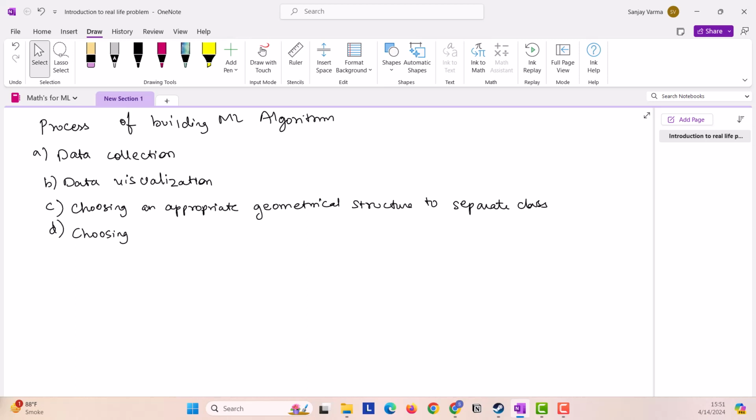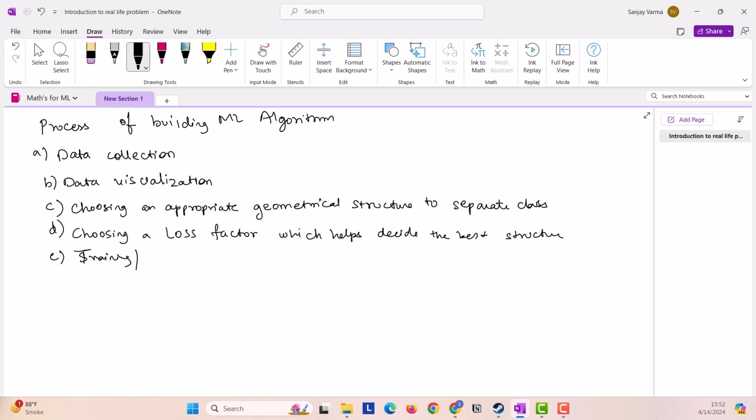Then choosing a loss function, which helps decide the best structure. And the last one is training and optimization.